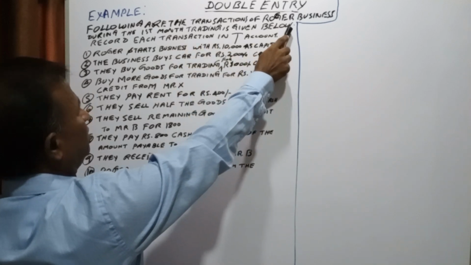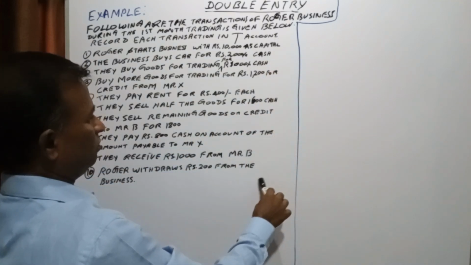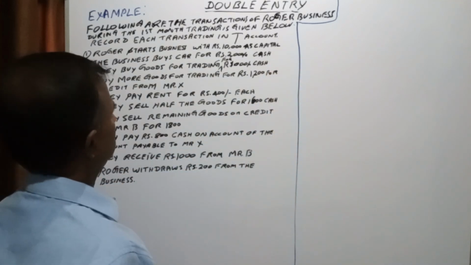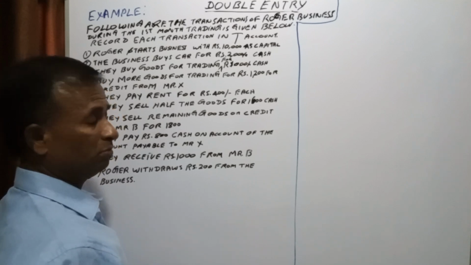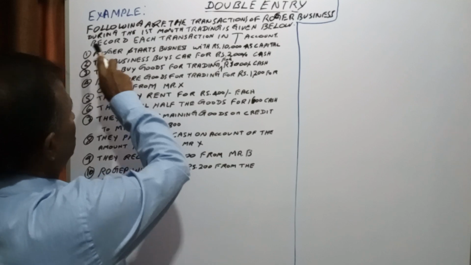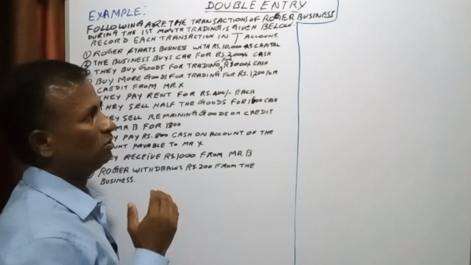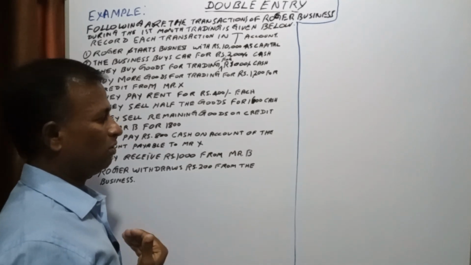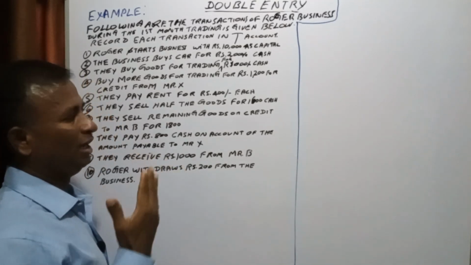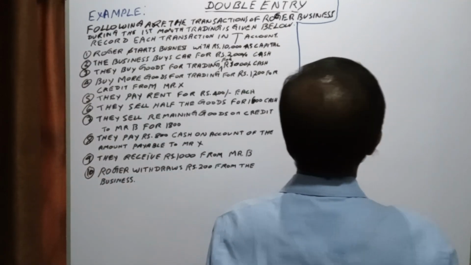They have given some transactions which took place in Roger's business during the first month. What they require is to record each transaction in T accounts. Okay, so we will open a T account.